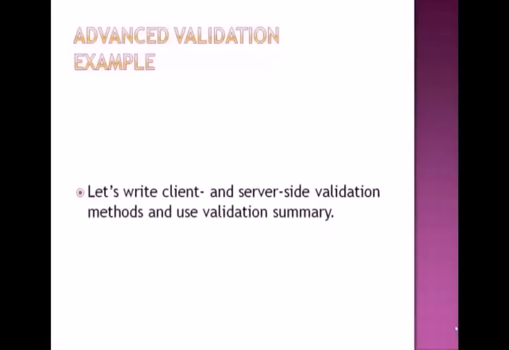Okay, let's start writing and enhancing our page by ensuring that at least one of the two phone numbers is entered, and then finally show all the errors that the user made with a validation summary control to provide feedback to the user in terms of all the mistakes they made.